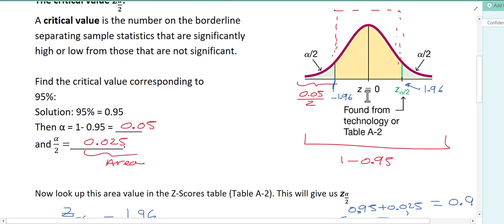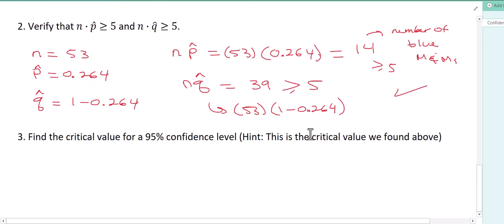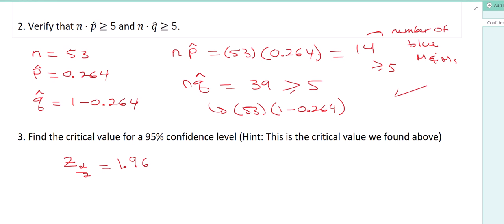But here we already did it, so I know that my critical value will be z alpha over 2, which is 1.96. So let's put that in here. So we have our critical value. Z alpha over 2 is 1.96.